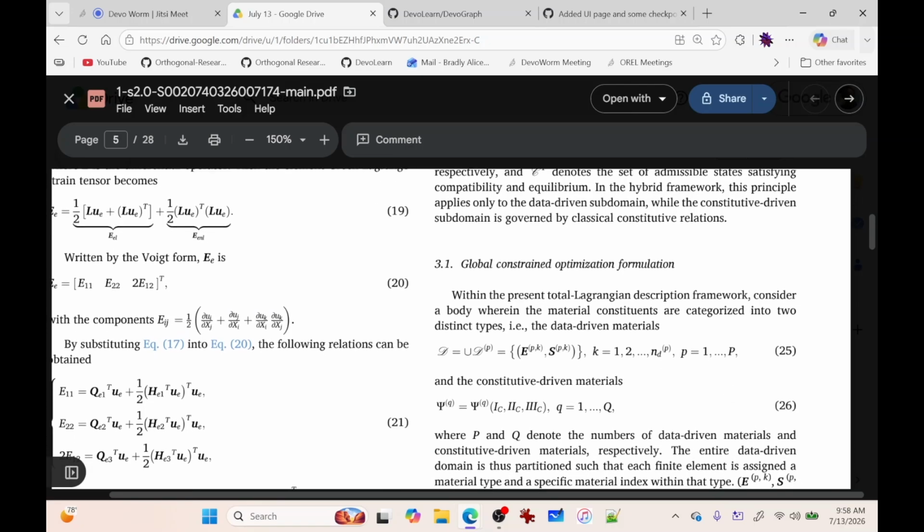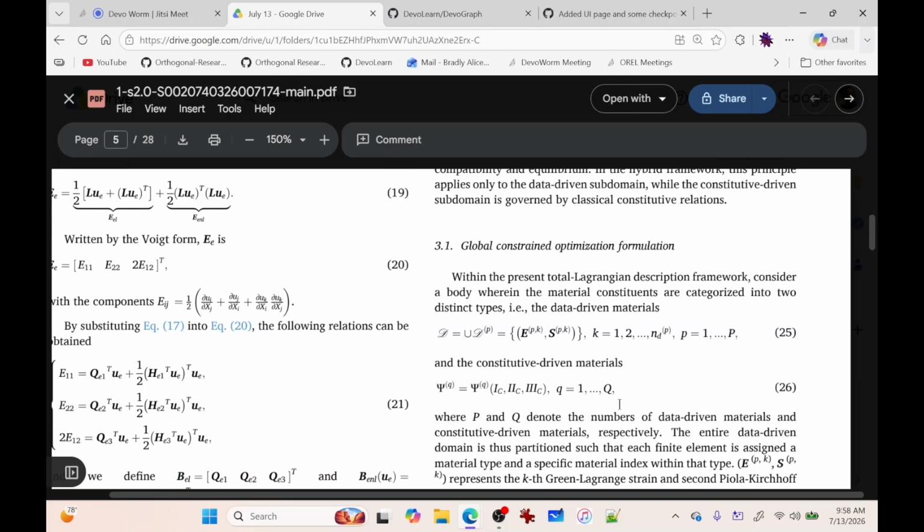And so then they go on to this globally constrained optimization formulation, where they talk about, within the present total Lagrangian description framework, consider a body wherein the material constituents are categorized into two distinct types, which are the data-driven models, which is here, and the constitutive-driven models, which is here.